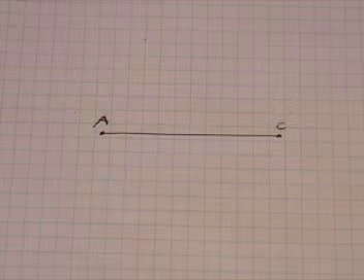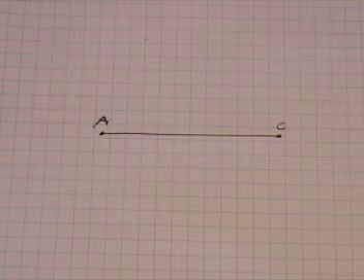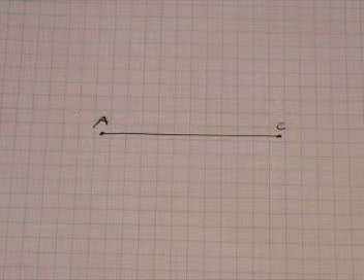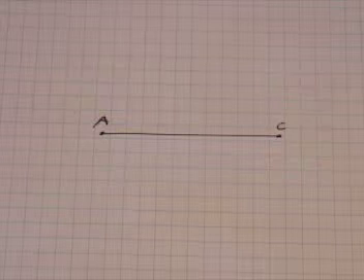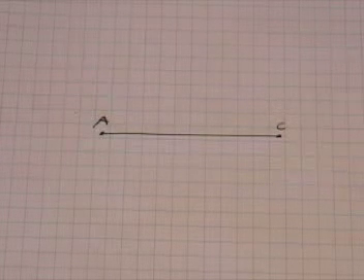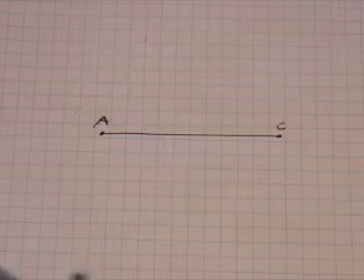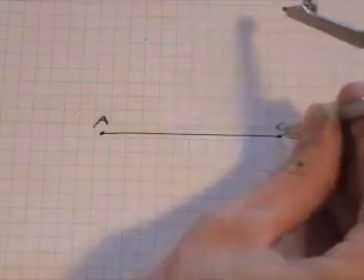Now you're going to need to use both your straight edge and your compass for this exercise. We're going to go ahead and graph our midpoint on there. Find directly where it is. So what you do is you put the compass on one of these endpoints here.